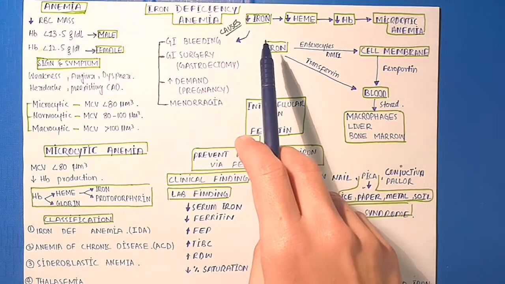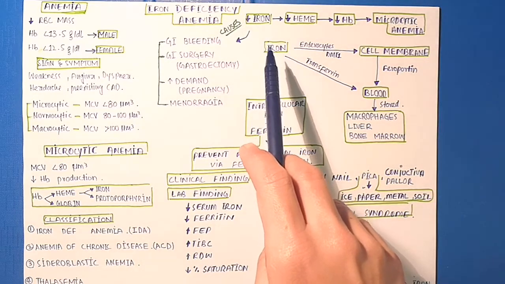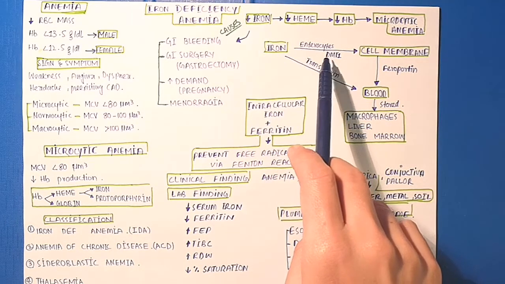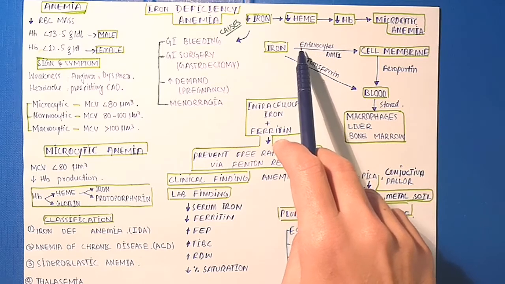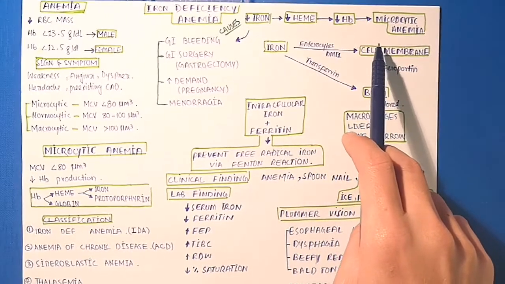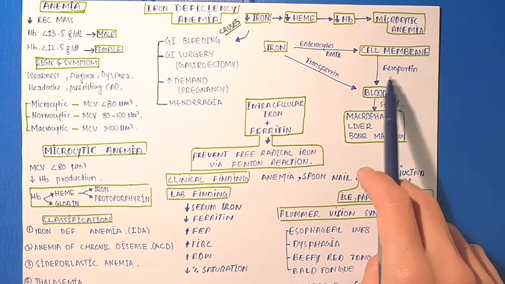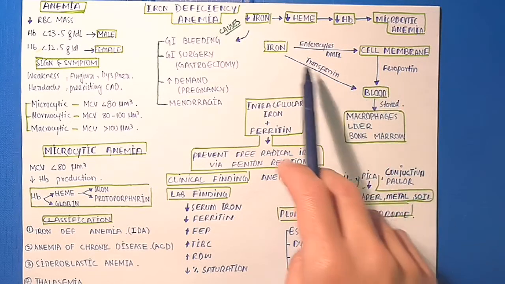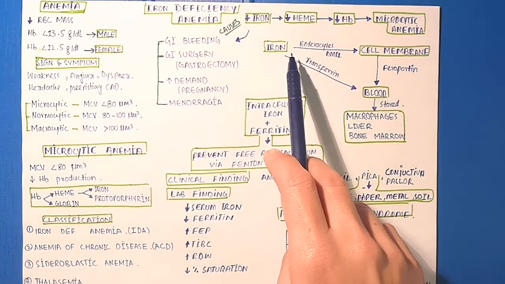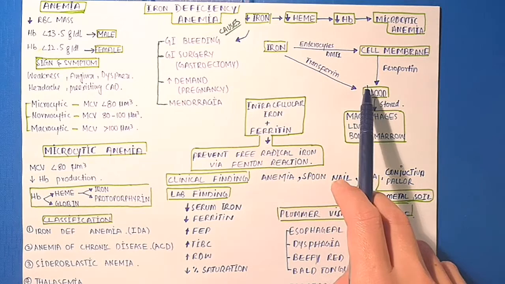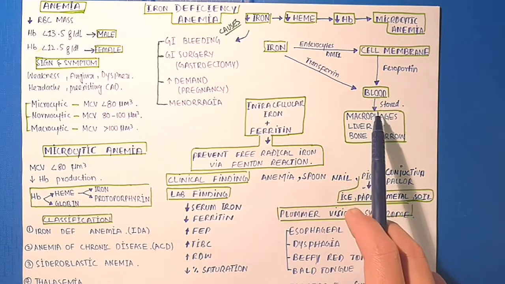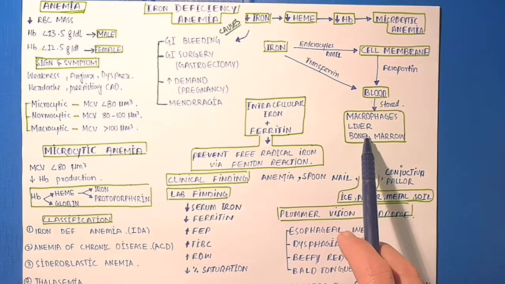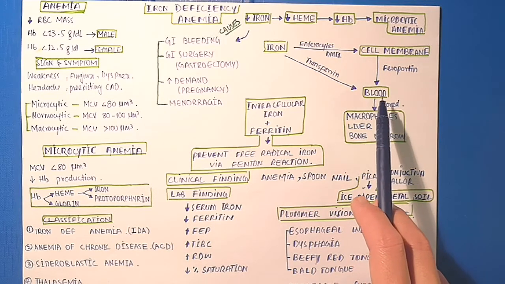Iron absorption occurs in the duodenum. The DMT1 transporter on enterocytes transports the iron across the cell membrane into the blood via ferroportin, and transferrin transports the iron in the blood and delivers it to the liver, macrophages, and bone marrow for storage.